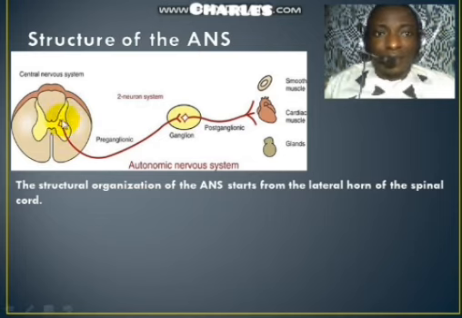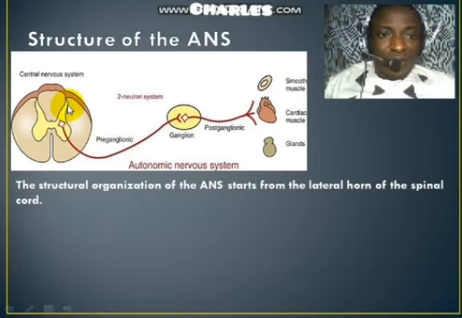I discussed this in our last module. This part of the spinal cord represents what horn? The dorsal horn. This part represents the lateral horn, while this part represents the ventral or anterior horn. And we are saying that the structural organization of the ANS starts from the lateral horn.